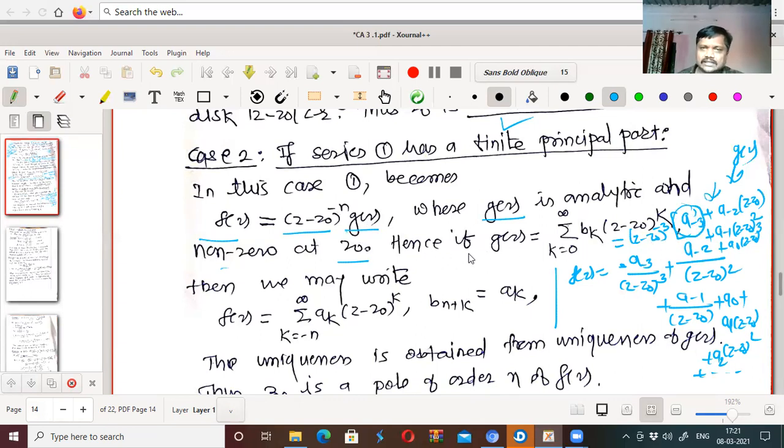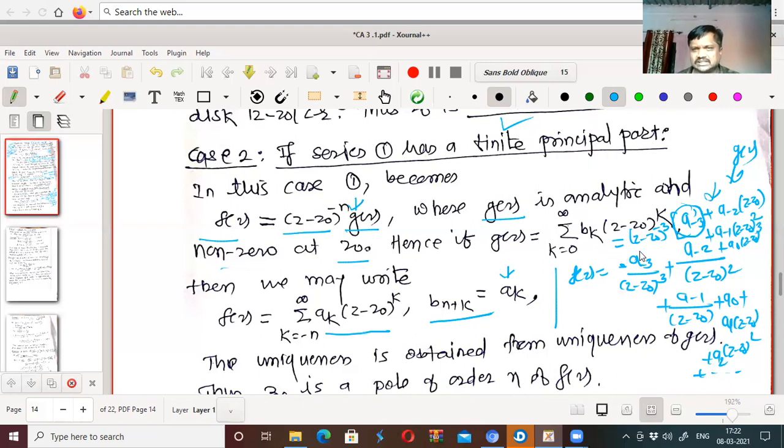Hence, if g of z is the summation from k equal to 0 to infinity of bk times z minus z0 to the power k, as it is analytic and not 0 at z0, then we may write f of z as the summation from k equal to minus n to infinity, here from minus 3 to infinity, of ak times z minus z0 to the power k, where bn plus k equal to ak. That means bn is a0, that is b3.